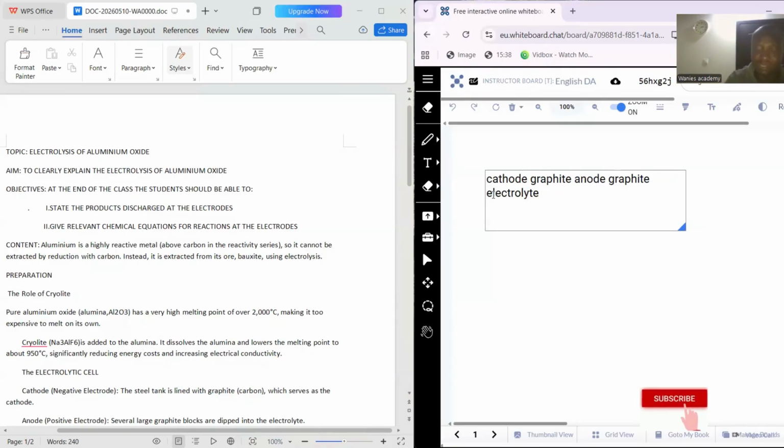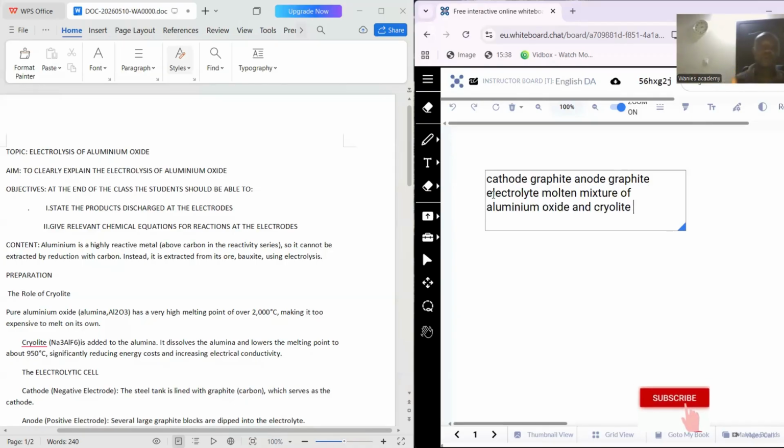Remember, molten means that it's melted. It was melted by the addition of cryolite. So it is a molten mixture of cryolite and aluminium oxide, Al2O3. So take note of that.